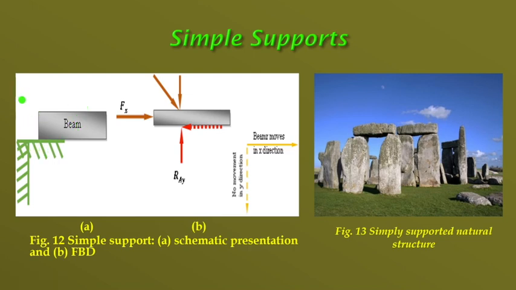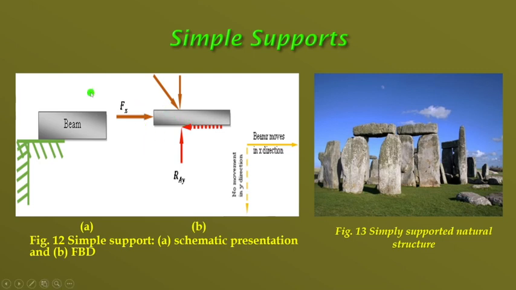As here you can see that horizontal movement of the beam in the x direction is possible, but no vertical movement due to this support. And that's why only the vertical component of reaction is there, as the support resists the vertical movement.